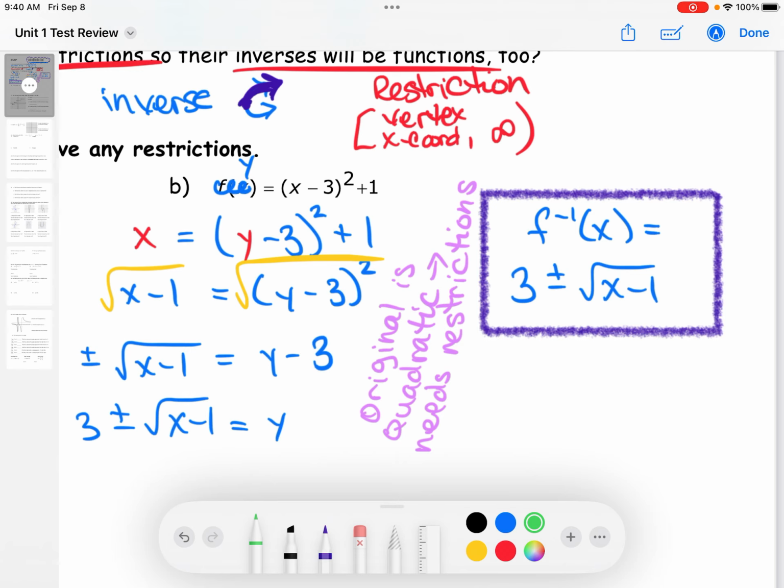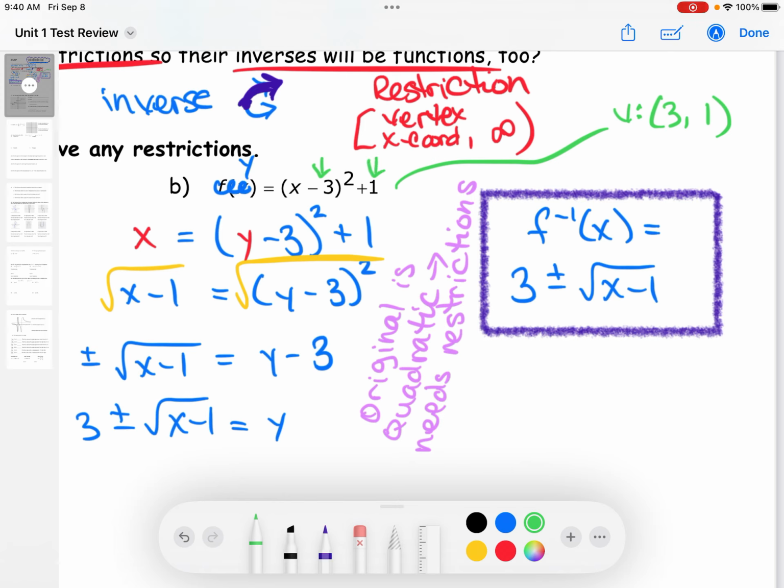So if we take this original quadratic, y equals x minus 3 all squared plus 1, its vertex is 3, comma, positive 1. The 3 from here changes signs, the 1 from here.